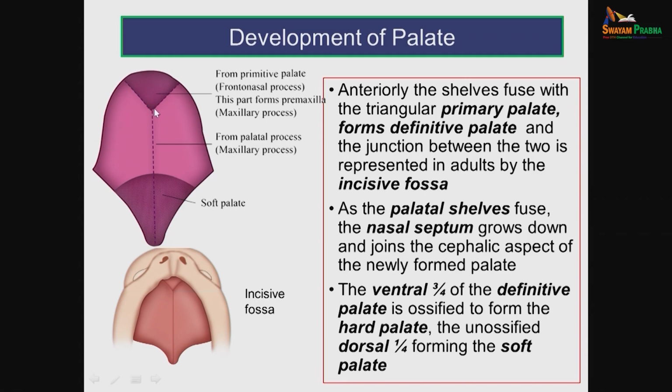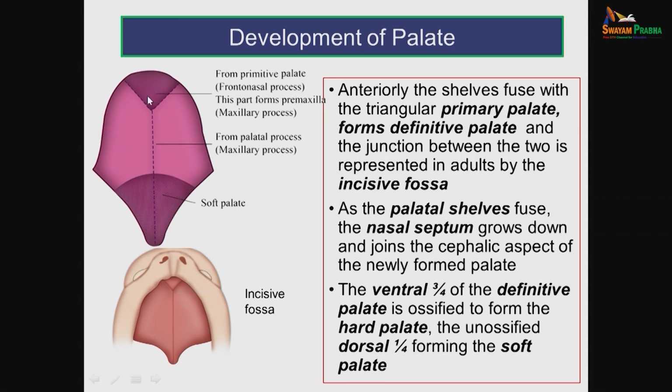The junction between the primary and secondary palate is called the incisive fossa. Please note, as the palatal shelves fuse, as I have shown in the previous picture, the nasal septum will grow down and join the cephalic aspect of the newly formed palate.